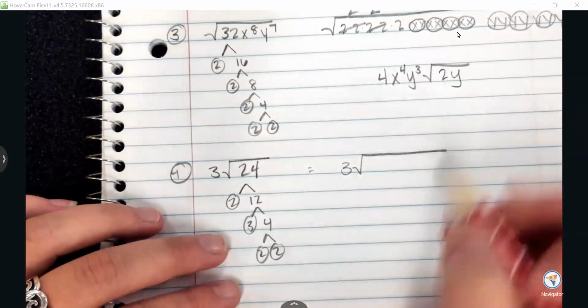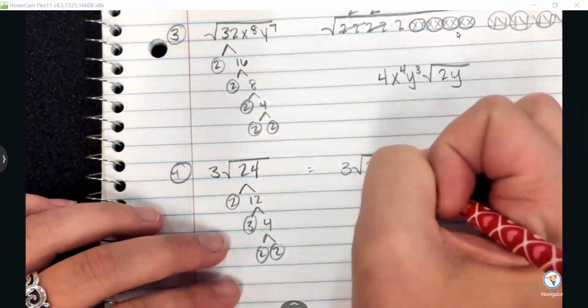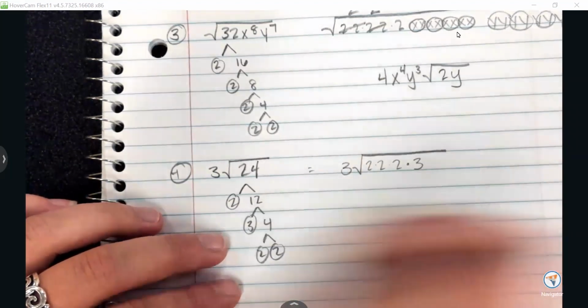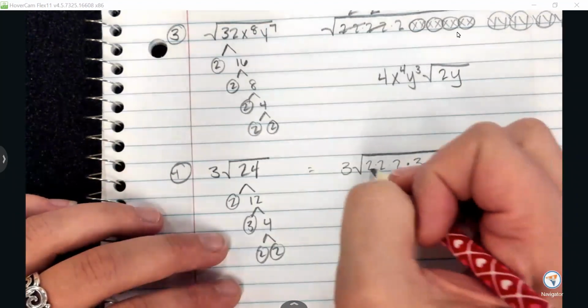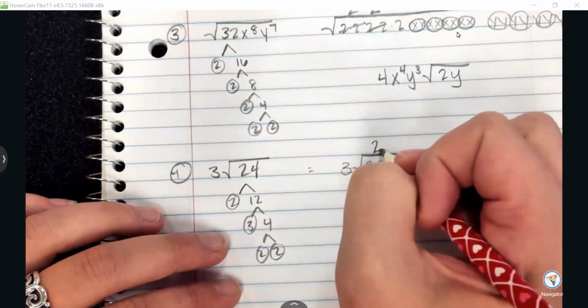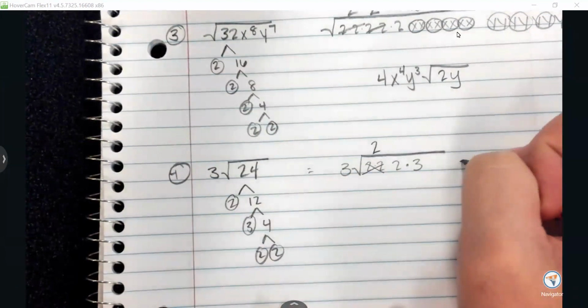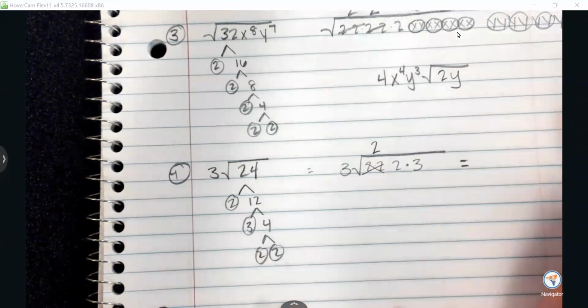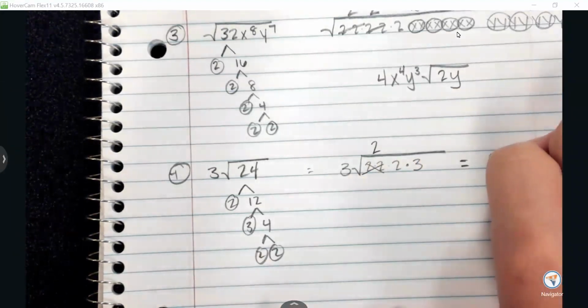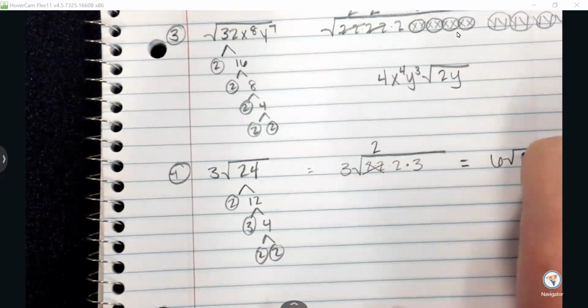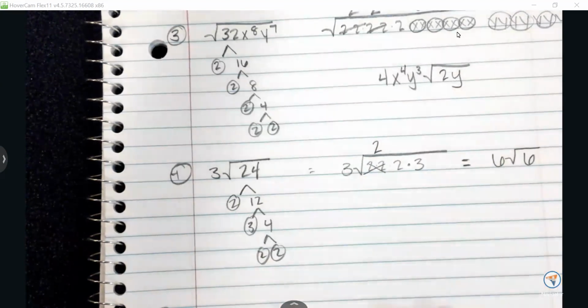It's part of the problem. So I have 2 times 2 times 2 times 3. I can take out a group of 2. Now what happens to everything outside? It's multiplied. So what number's on the outside now? 6 square root of 6. Okay.